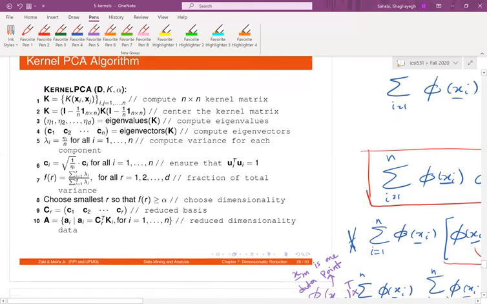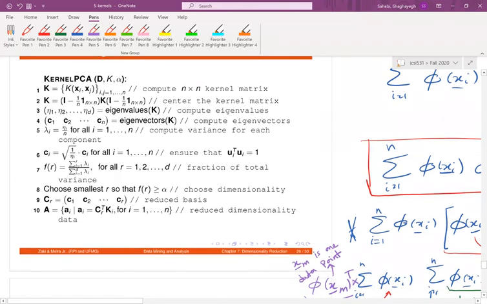And eventually, in line 8, we are going to choose the smallest number of principal components that give us the minimum variance that we needed, alpha, that we had from the input of the algorithm. And then we are going to remove all the coefficients, c_i, that are larger than r, keeping the first r, or the reduced dimensions.